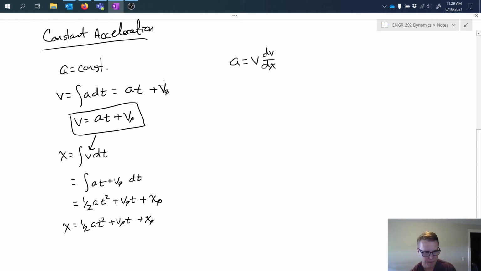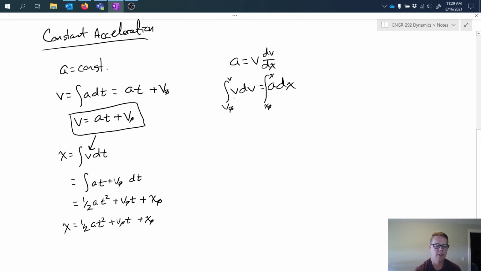So what I'm going to do to get it in a more usable form is separate my variables. I'm going to take v and dv and put those together, and a and dx. The reason I'm putting a with dx is because it's a constant, so it doesn't really influence the dx too much. And if I integrate both sides of this, I'm going to give it definite integral limits from v naught to v on the left, and from x naught to x on the right.